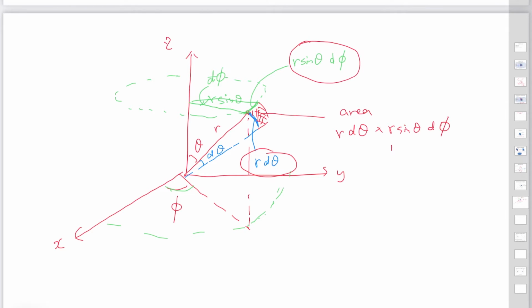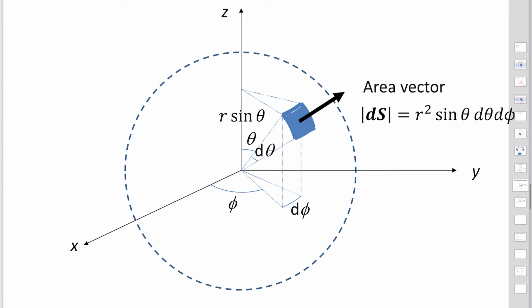So the area is expressed as r squared sine theta d theta d phi. We call this ds. This corresponds to the magnitude of the area vector of this small area, expressed as r squared sine theta d theta d phi.